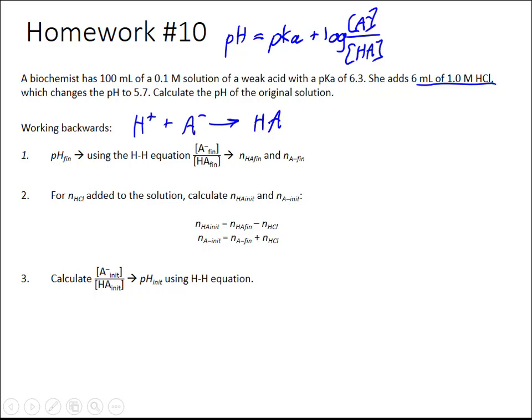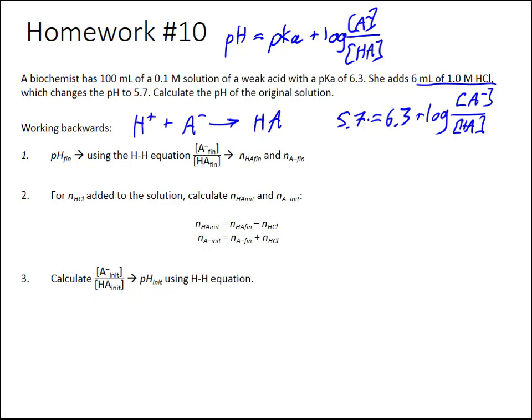So here I've given some steps of working backwards to go from the final pH to the initial pH. So first, let's use the information we're given to solve for the ratio of the conjugate acid and base using the Henderson-Hasselbalch equation shown above. The final pH is 5.7, the pKa is 6.3, and we are solving for this ratio here.